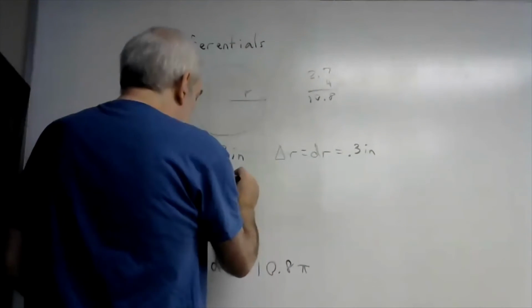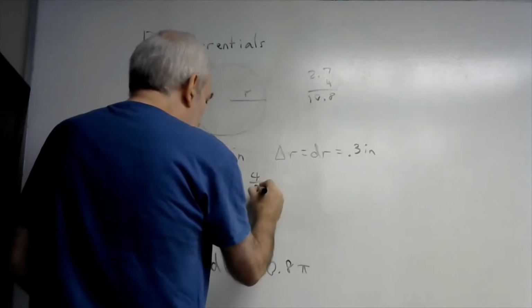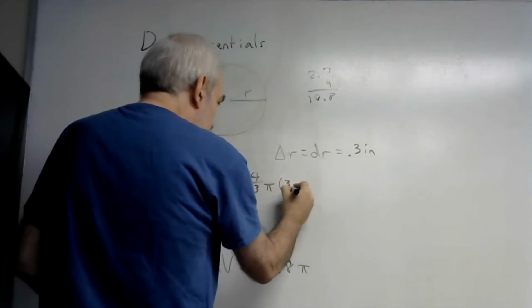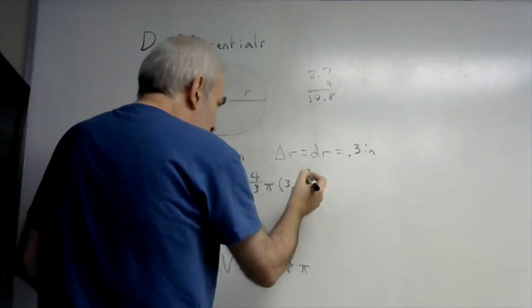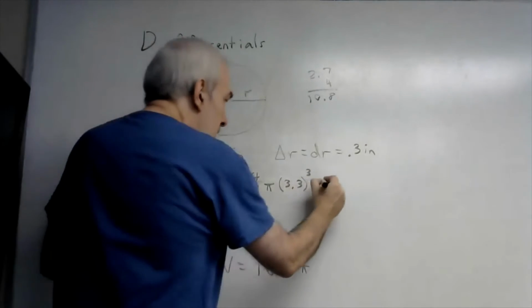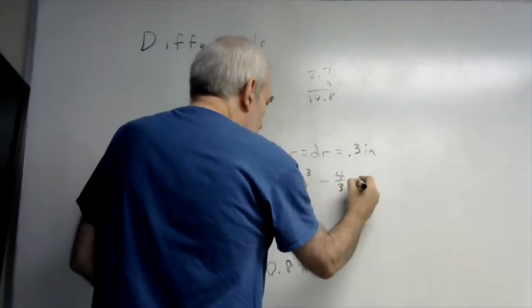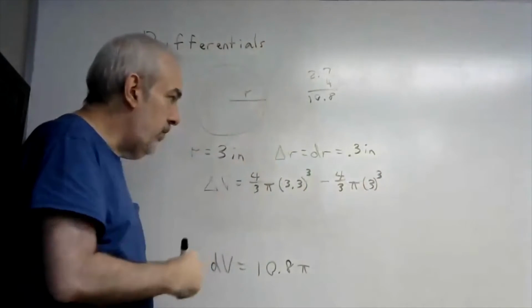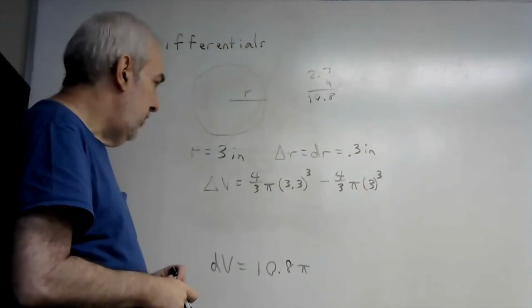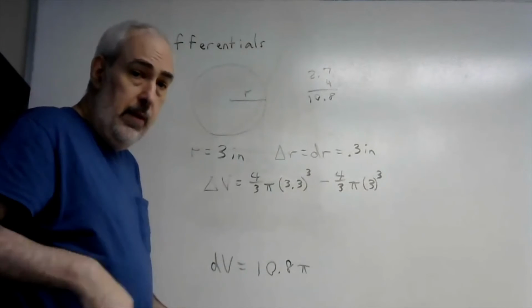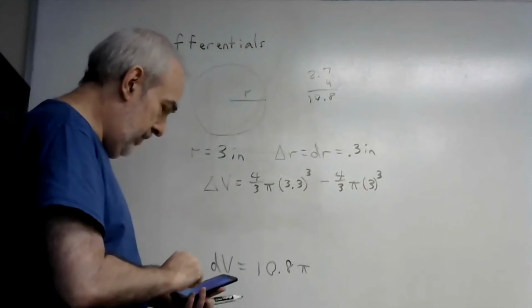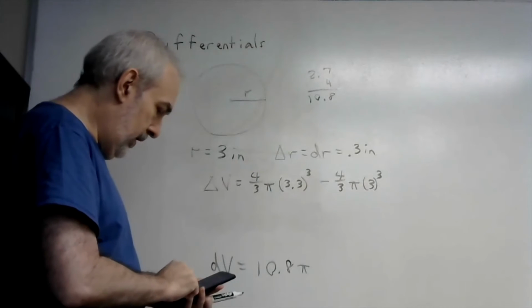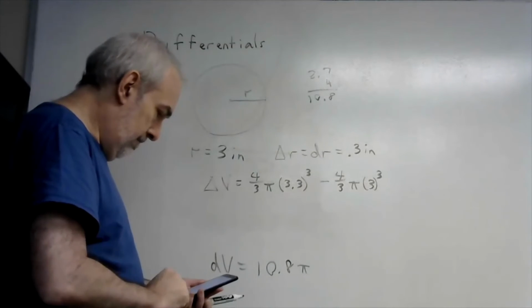So our change in volume is going to be the volume when the radius is 3.3, which would be that equation, minus the volume when the radius is 3. Okay, I'm going to use a calculator. It's a little bit hard to do 3.3 cubed in my head.